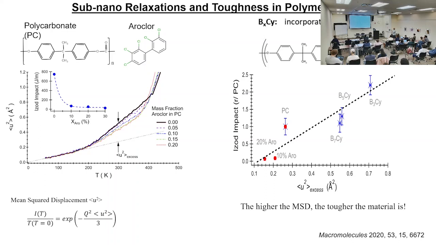Aerochlor makes polycarbonate less tough, so those points are down here. 1,4-cyclohexyl linkages make polycarbonate tougher, so they are up here. And as you can see, there is a clear correlation between the dynamics and impact strength. The higher the mean square displacement, the tougher the material is.